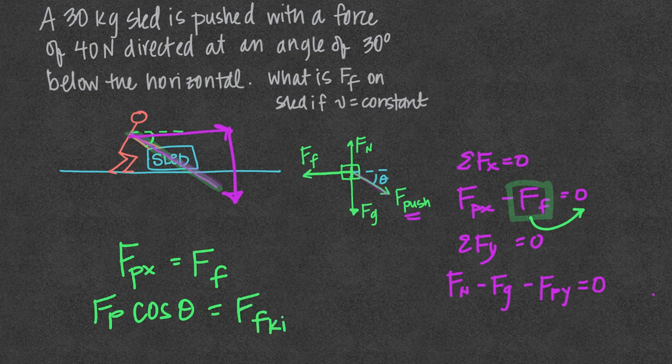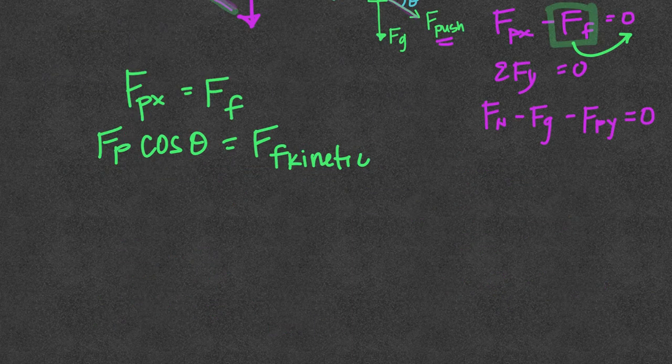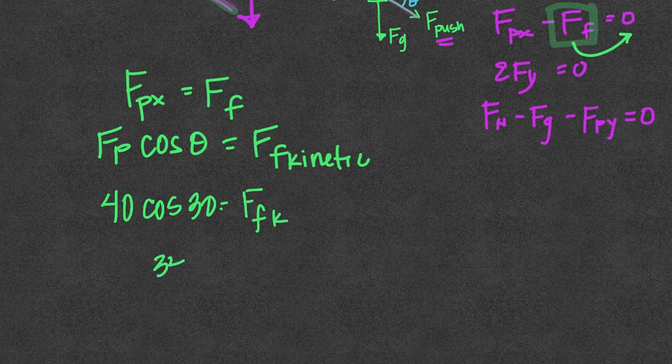And this is a kinetic friction because it's moving, so we have to keep up with that. So then we have a 40 Newton force at 30 degrees, and the force friction kinetic is again 34.64 newtons.